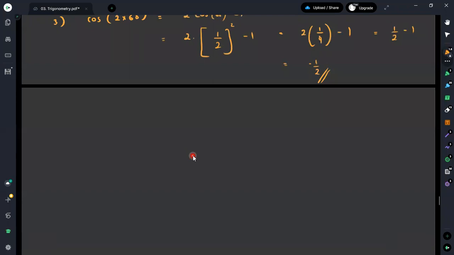Now, if it is asked to find the value of tangent 120 degrees, then we can simply use the double angle formula. It is 2 times 60 degrees.